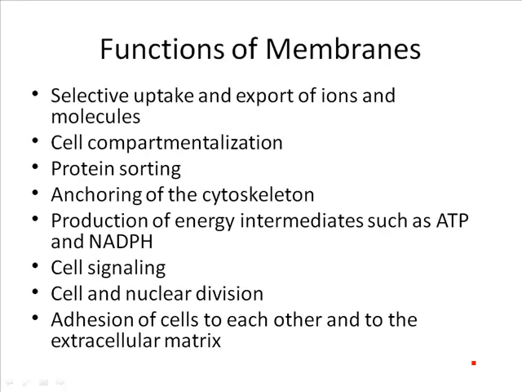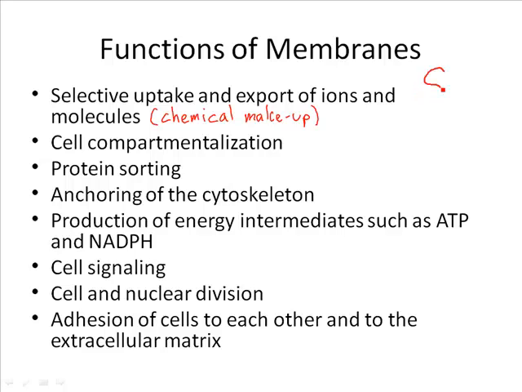Now, membranes have many functions in the cell. The first and foremost is the selective uptake of ions and molecules, also the selective export of ions and molecules. So if you really think about it, membranes control the chemical makeup of cells. For example, calcium is very low inside of the cytoplasm of, for example, a muscle cell.